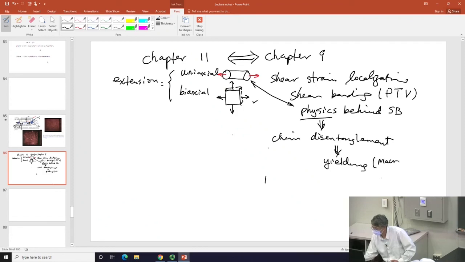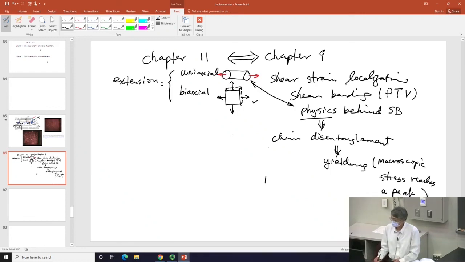The microscopic quantity, such as stress, starts to reach a peak, right? Overshoot. And starts to come down, right? So that's the phenomenology, if you like.